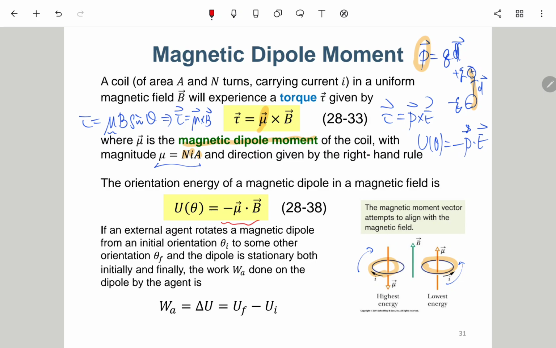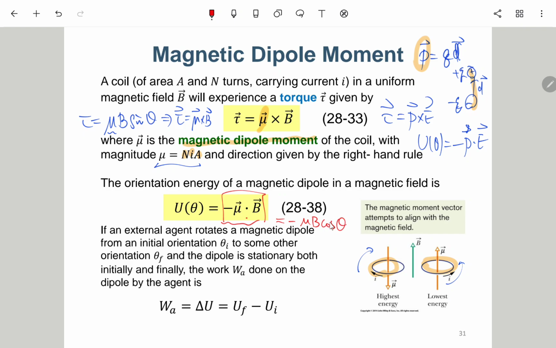In this case we have a dot product, so the energy is negative mu B cosine of theta.